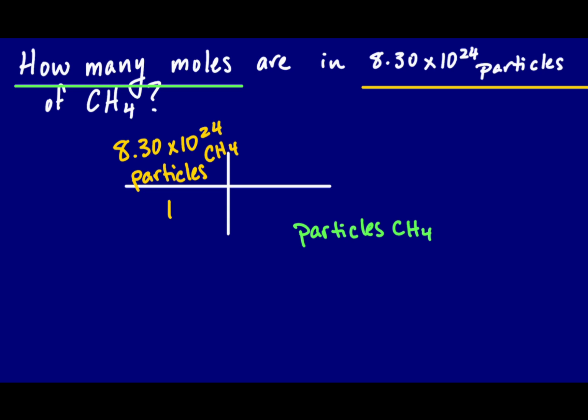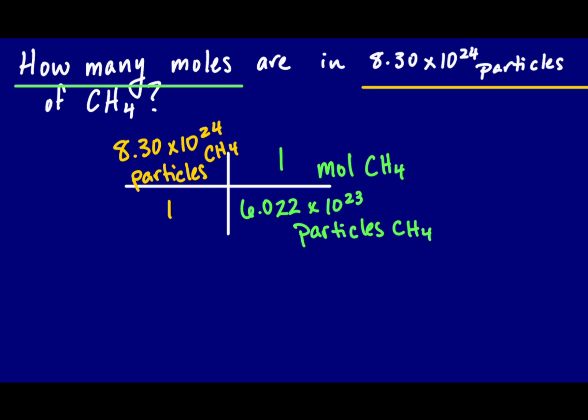So if particles are in the denominator, this time moles will be in the numerator. And it's still, for every 1 mole of CH4, we will have 6.022 times 10 to the 23rd power number of particles for CH4.